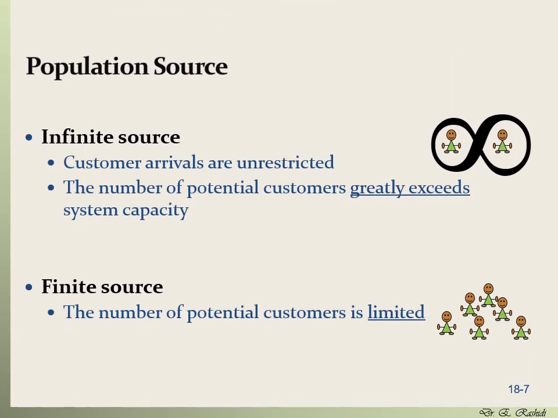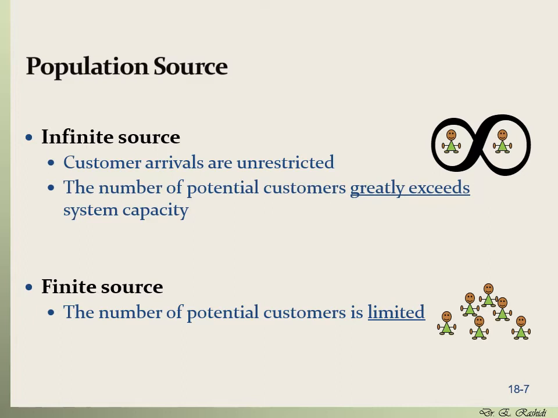The first characteristic that we addressed is the population source. It can be an infinite source. Not necessarily that it literally means infinite, because most of the time, if not all the time, the source of the population in the system that we are considering is finite. Even if it's a lot of people or a lot of customers coming in, it's considered finite. It's a number. But in what situation do we consider it infinite?